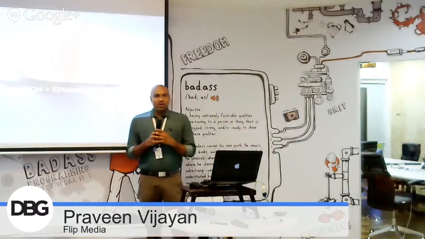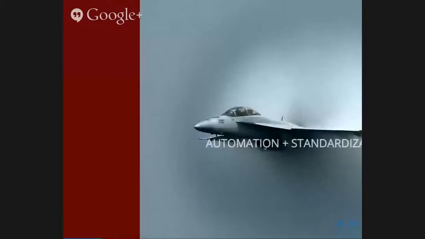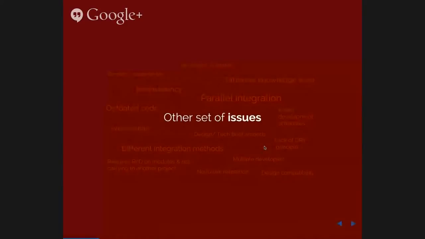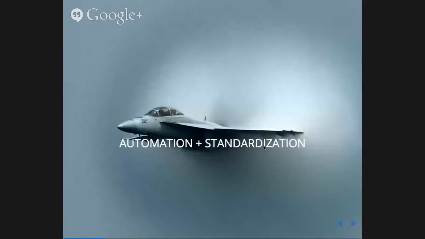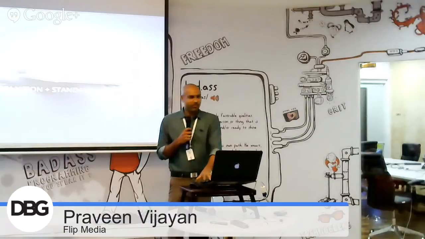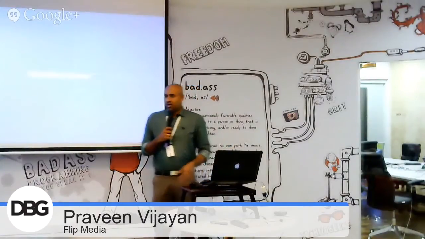So what's the solution? Our issue list is almost over, but what's the solution? Tooling helps us to automate different tasks. So automation plus standardization and the guidelines will help us get out of this dilemma.